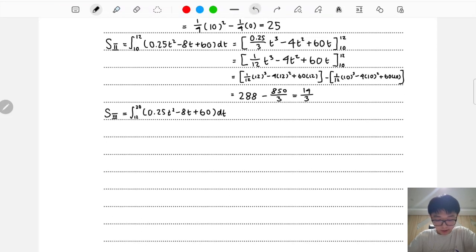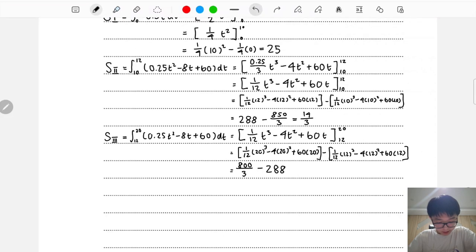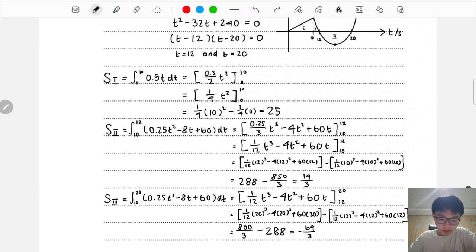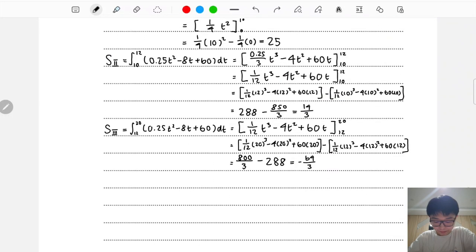Now for the third area, we use the same equation but use the limits from 12 to 20. And we get the answer to be negative 64 over 3, which is expected because this part of the graph is below the x-axis.